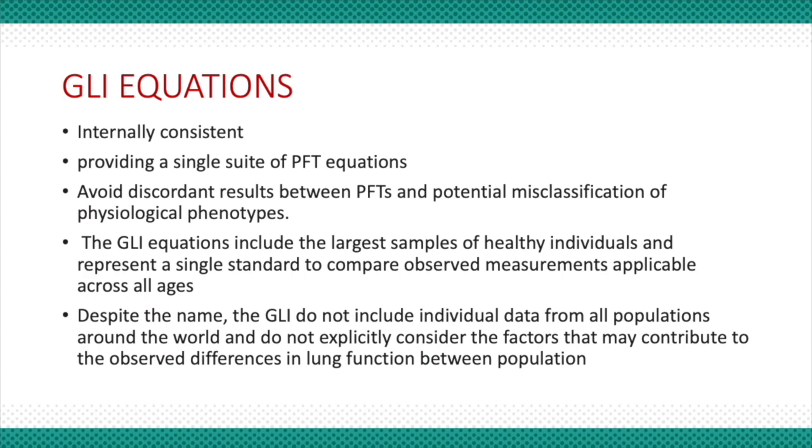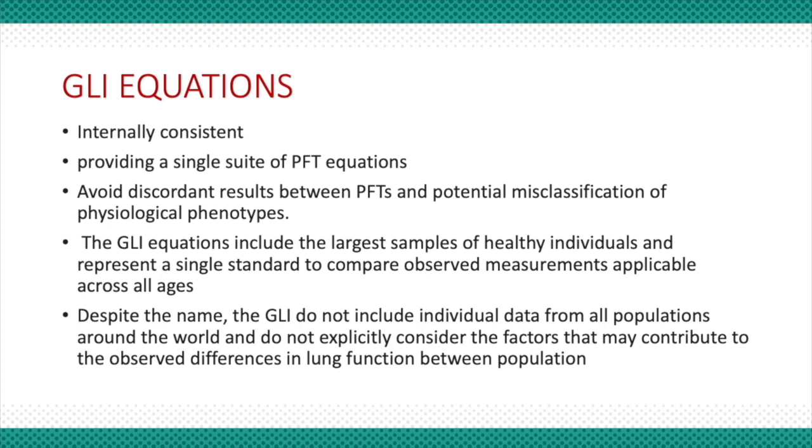So the GLI initiative was meant to get a multi-ethnic and multi-racial reference value for spirometry, which could be used for both children and adults. So data for 3 to 95 year old patients was taken from a healthy population, and a lot of cultural and ethnic races were also included to make it one big wholesome set of reference equations.